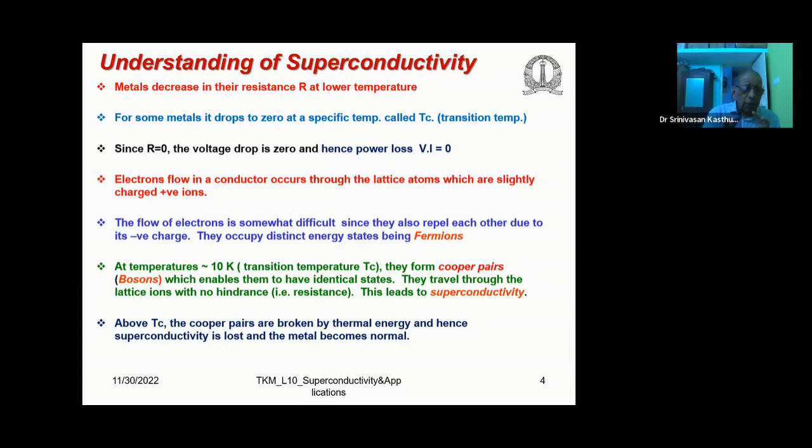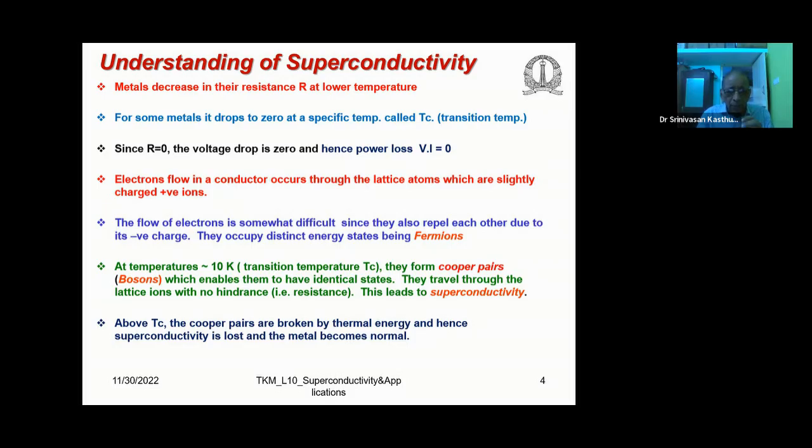So if you look at the way in which superconductivity occurs, electrons normally flow in a conductor where there are lattice atoms arranged, and these lattice atoms, the core atoms, are positive ions, because the electrons are all moving. Now, the flow of electrons is somewhat difficult.